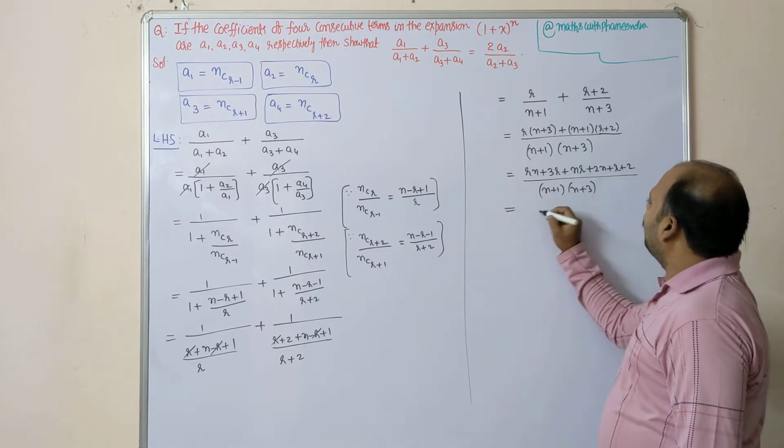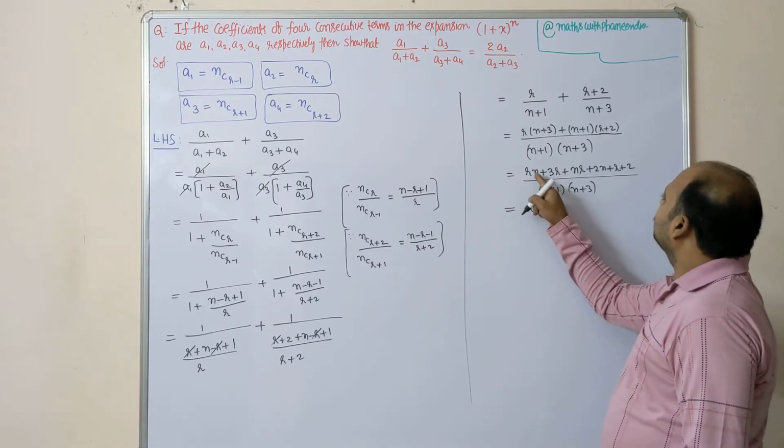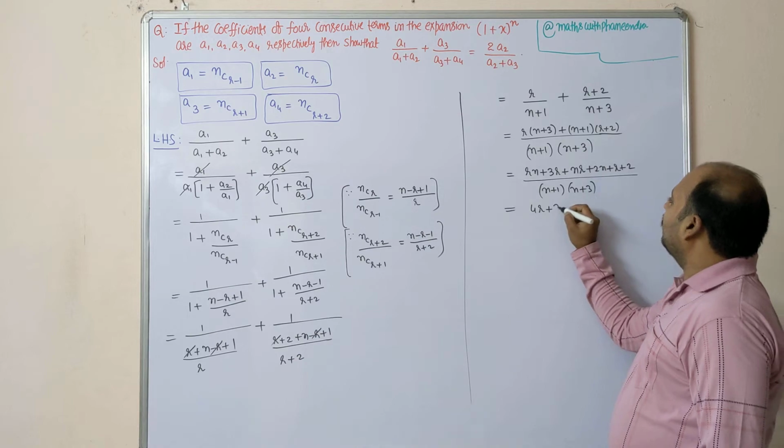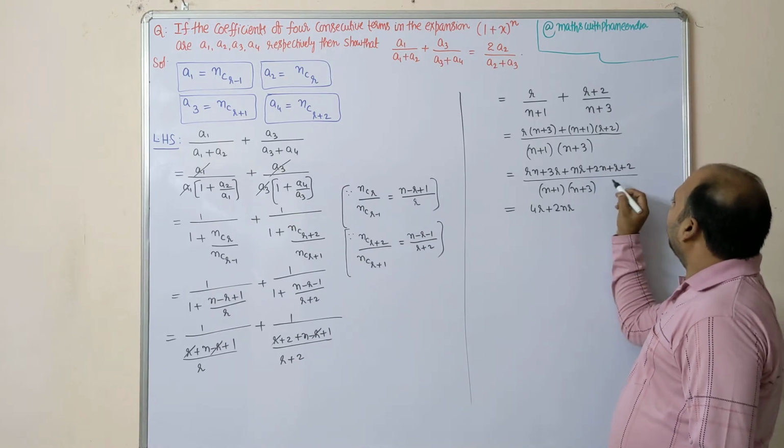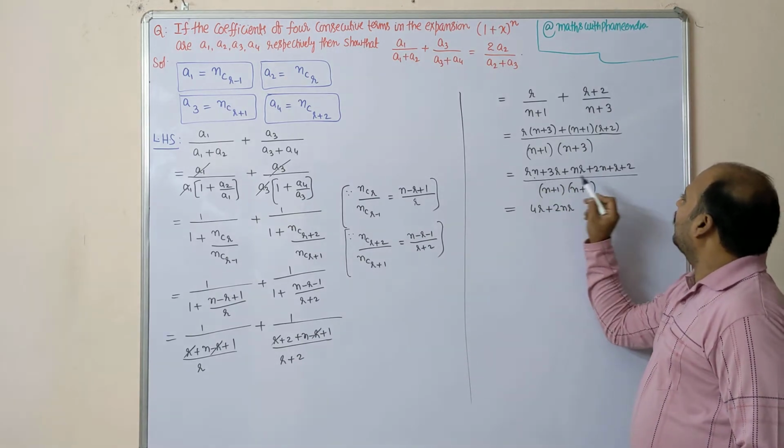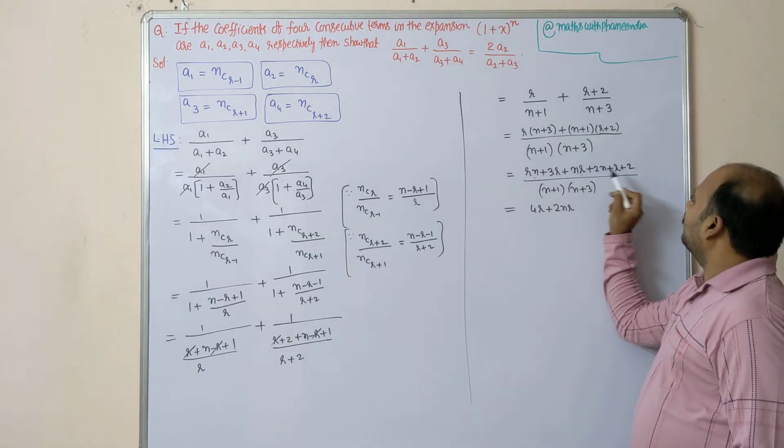So 3r plus r, 4r. Next, nr is over, 2nr, 3r plus r, 4r.